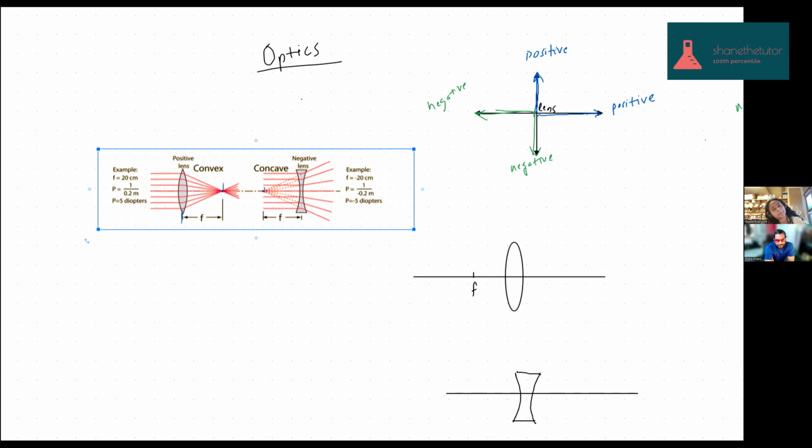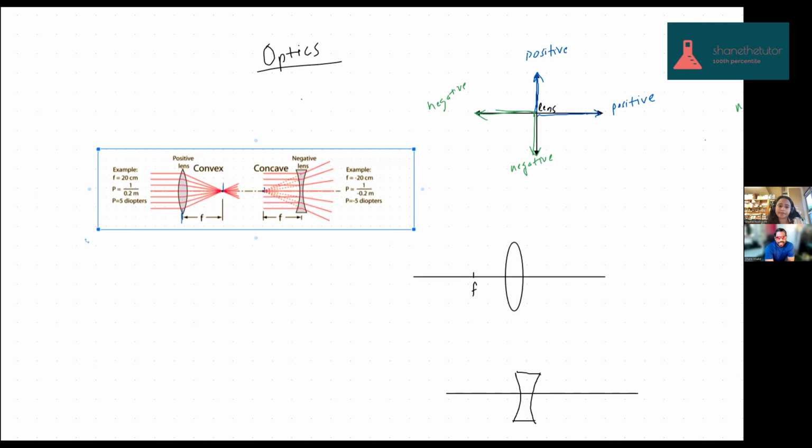But if you trace the divergence back to where it converges, that's what these dotted lines are. The distance from that point to the lens is the focal length.